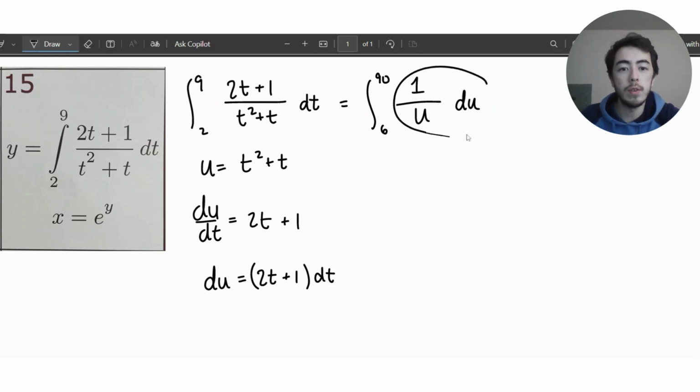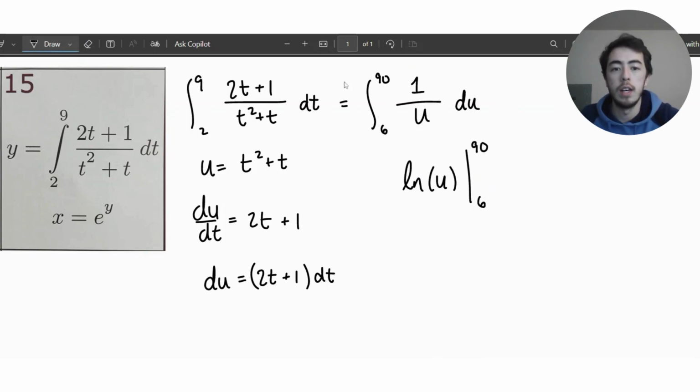And there we go. I have changed all of my values in terms of t, now into values in terms of u. And this right here is a very familiar integral. This is just the natural log of my input, and then evaluated from 6 to 90. Usually here you do need absolute value bars, but in this case, since my input's already positive, it doesn't really matter.